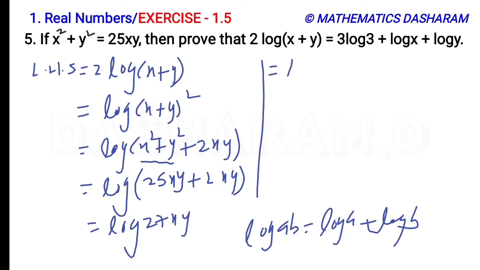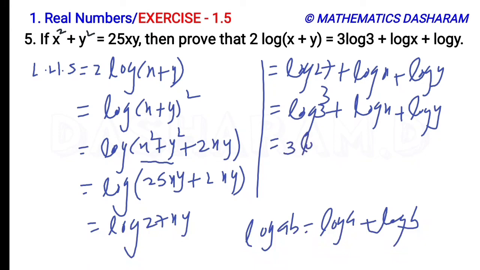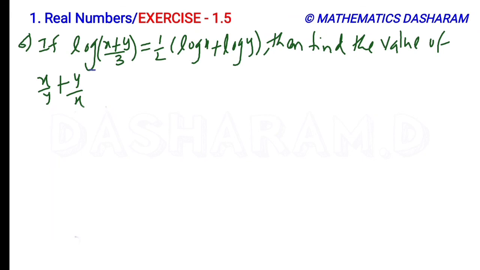So it is equals to log 27 plus log x plus log y. And 27 exponential form 3 cube. So log x plus log y. Log a to the power of m formula, 3 into log 3 plus log x plus log y. So it is equals to required RHS. So hence proved.